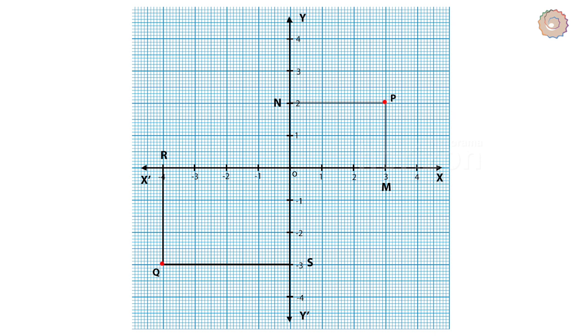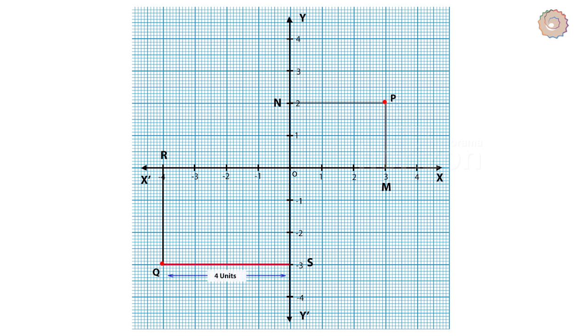From this, we find that the perpendicular distance of the point P from the y-axis measured along the positive direction of the x-axis is NP equals OM equals 3 units. The perpendicular distance of the point P from the x-axis measured along the positive direction of the y-axis is MP equals ON equals 2 units.